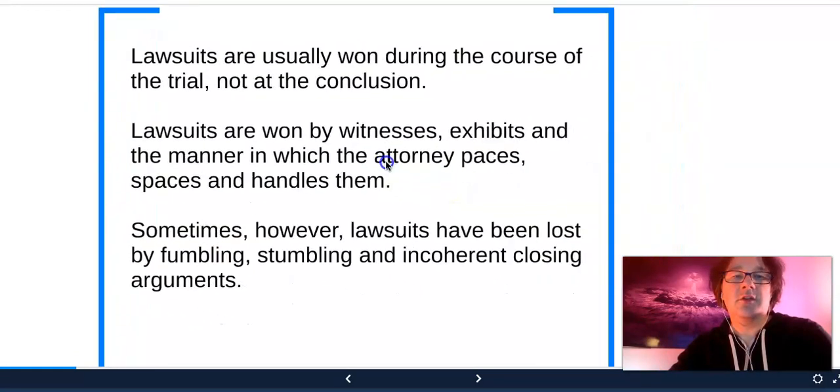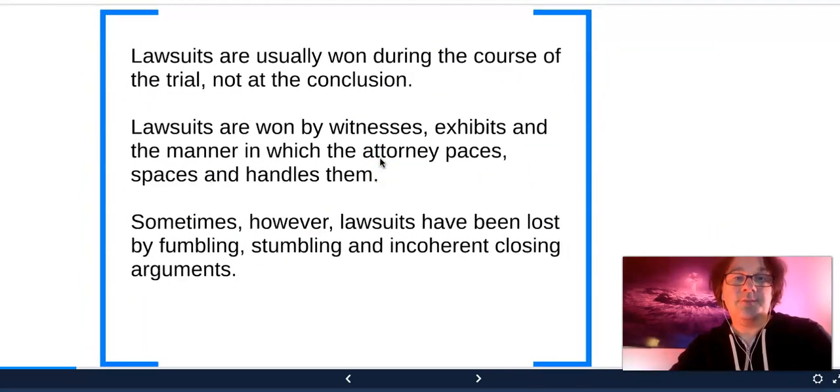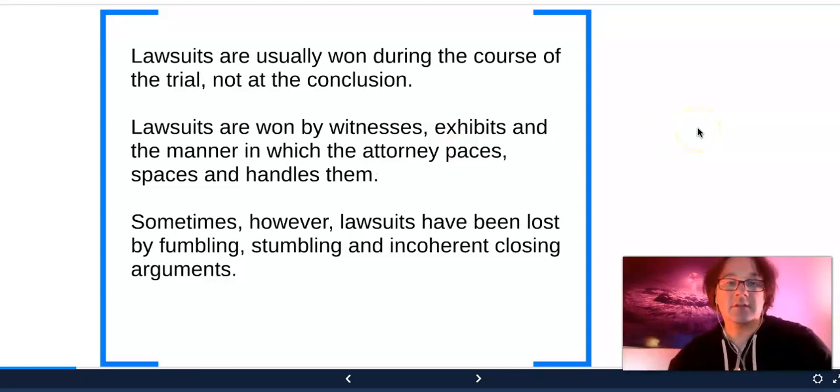So lawsuits are usually won during the course of the trial, not at the conclusion. Lawsuits are won by witnesses and by exhibits, and the manner in which the attorney paces and spaces and handles these witnesses and these exhibits. However, sometimes lawsuits have been lost by fumbling or stumbling and having an incoherent closing argument, or closing statement.